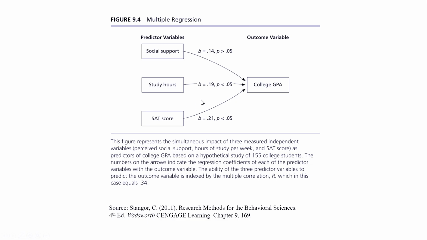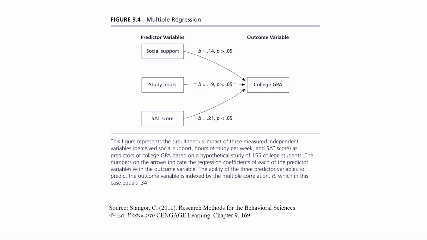So, this is the overall contribution of social support when you have controlled for study hours and SAT scores. This one here is the contribution of the study hours controlling for social support and SAT score. The outcome variable is GPA, and this one is the contribution of SAT score in GPA controlling for study hours and social support. So, I think that should be clear.